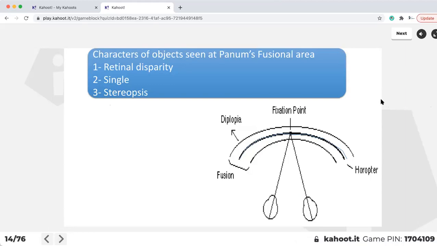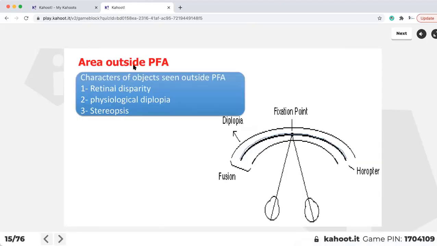And here we also mentioned in the binocular vision that we have some characters of objects seen at the Panum's fusional area. So they show retinal disparity, but they are still seen single with a stereopsis. But stereopsis is not exclusive for the Panum's area, but can also be for the area outside the Panum's here.